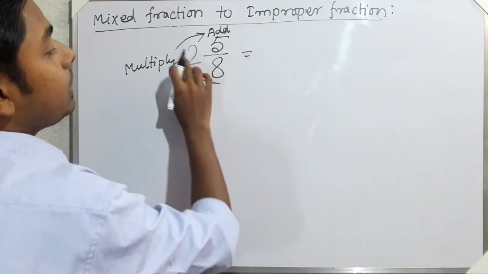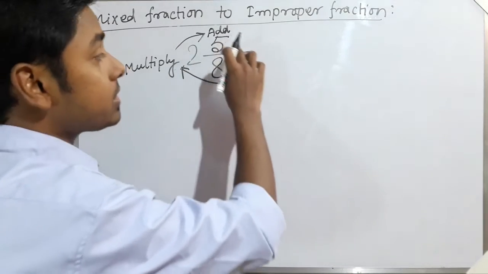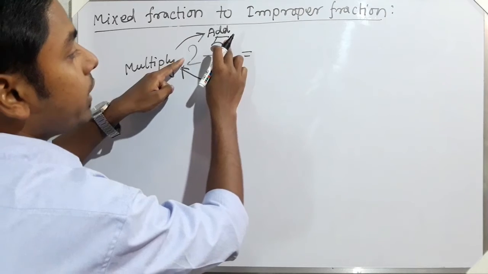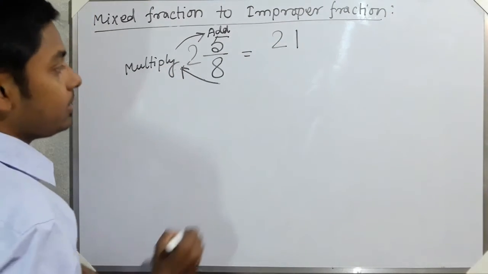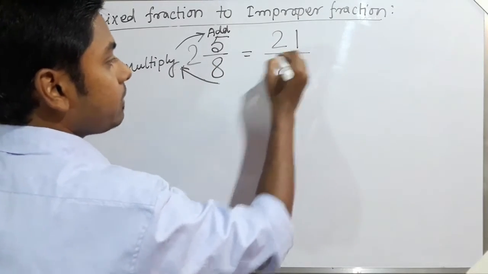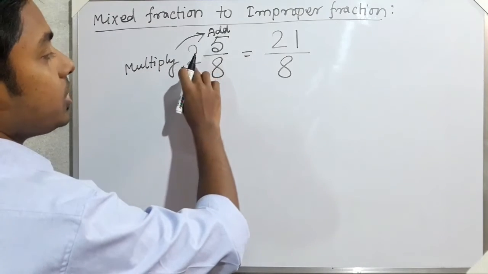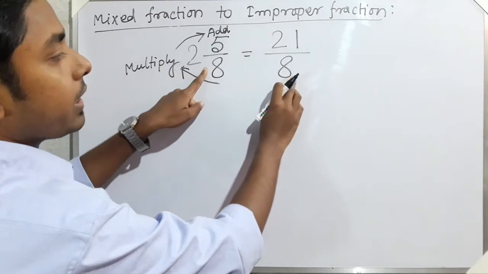So 8 2s are 16, and 16 plus 5 is equal to 21. So 21 will be the numerator and this 8 will be the same as it is. Okay, 8 2s are 16 plus 5, 21, and this 8 will come directly here.